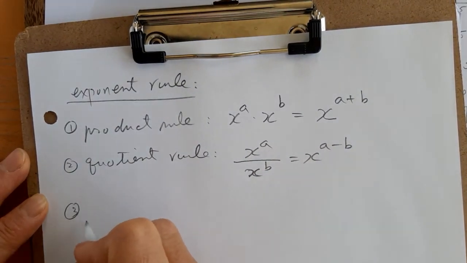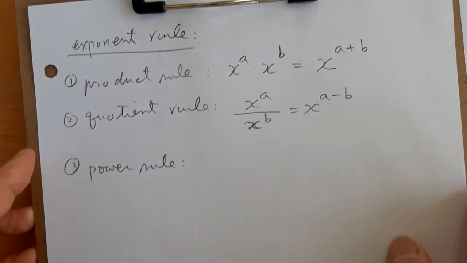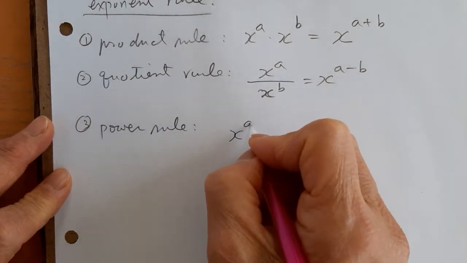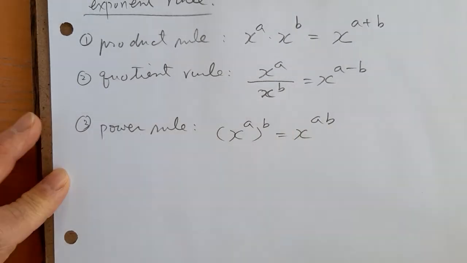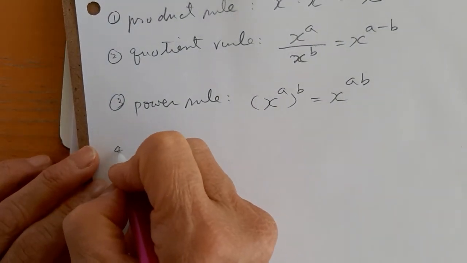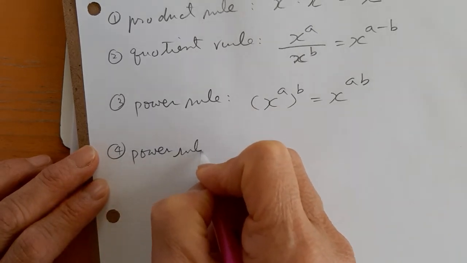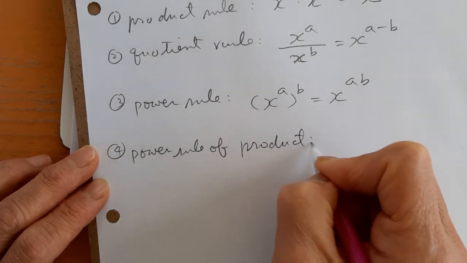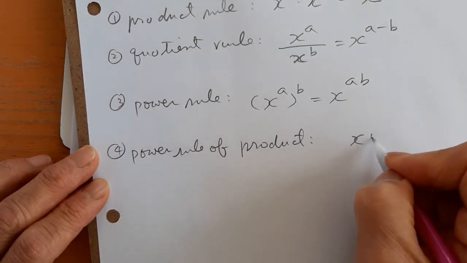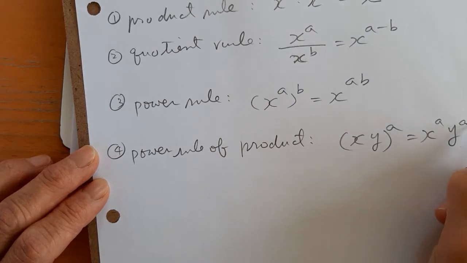The third one is the power rule. The power rule is x to the power a, then to the power b, is x to the power a times b. The fourth one is the power rule of a product, which is xy to the power a equals x to the power a, y to the power a.